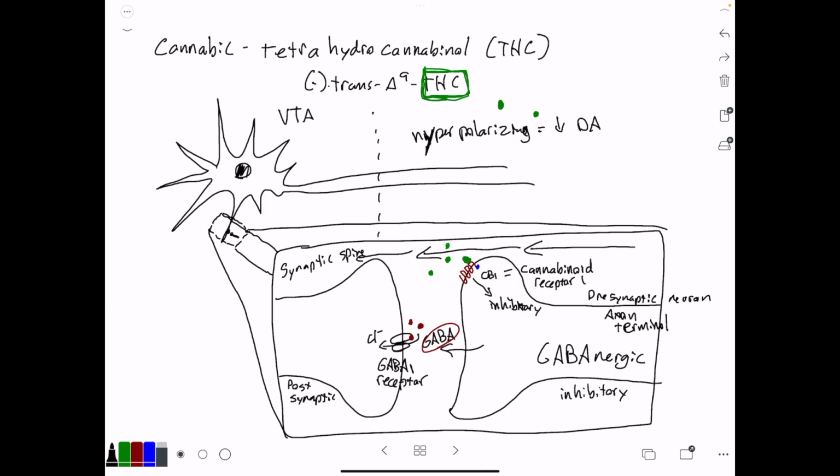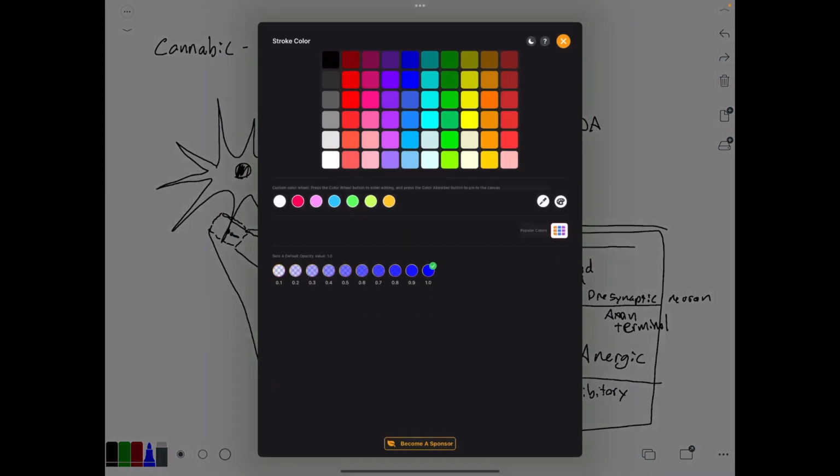And so THC will inhibit the inhibitor. THC will prevent this from happening as much. It will prevent as much GABA from being released.